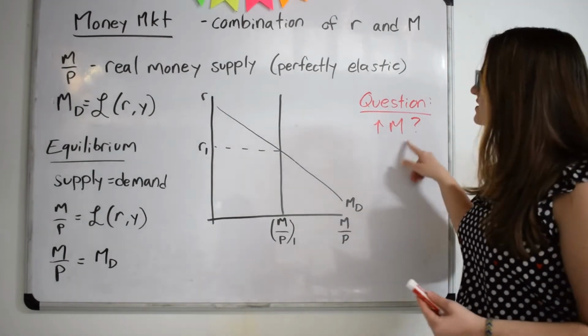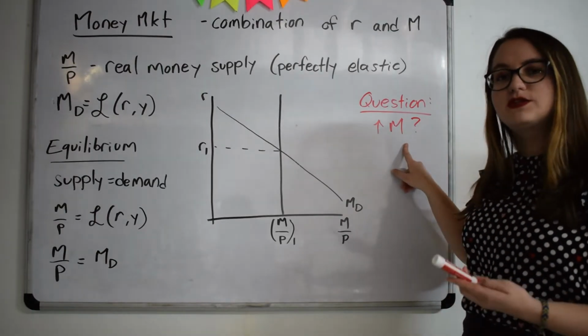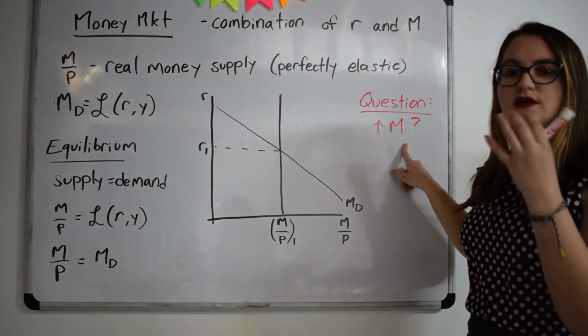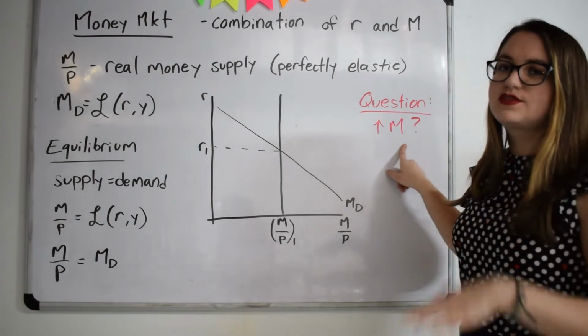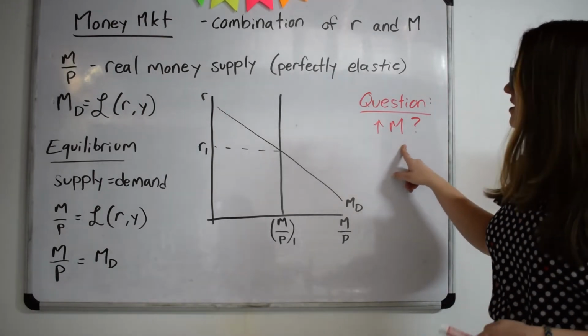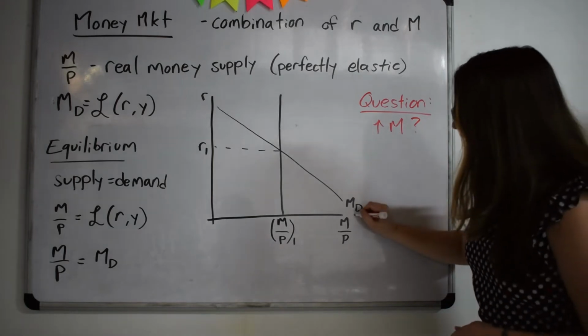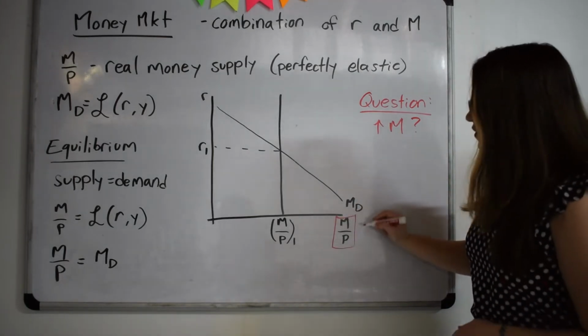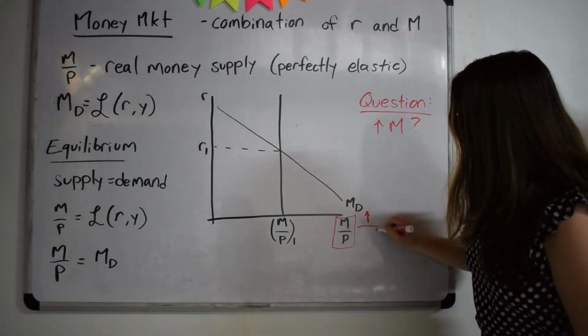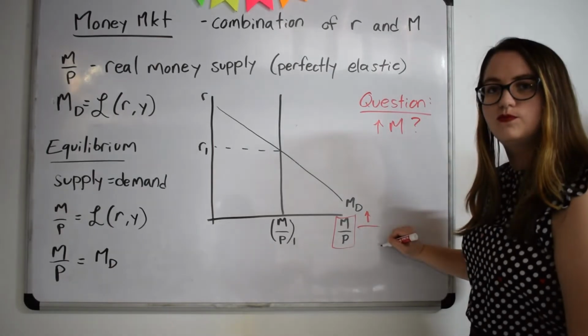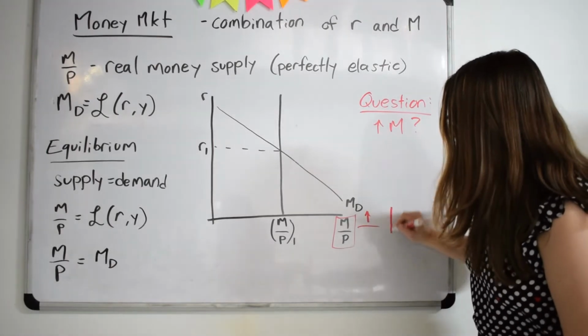So what happens if we increase M? We're looking at M over P. If we increase the numerator, the fraction will get bigger.